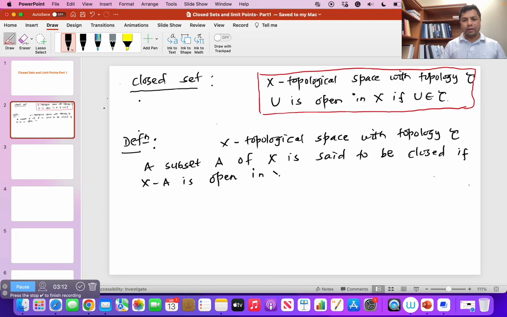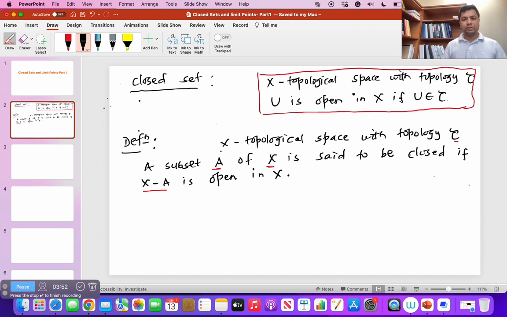So basically a subset A is said to be closed in a topological space X if the complement of A, which is X minus A, that's the set difference, is open in X. That means if the complement of A, X minus A, is in this topology tau, then the set A is called closed in X. So this is the definition.